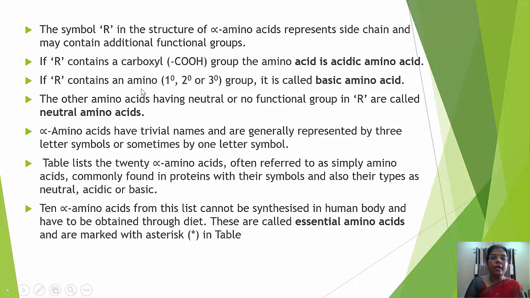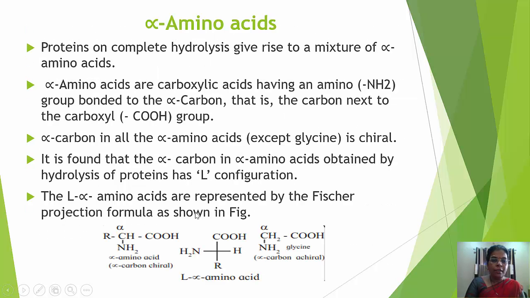If R contains an amino group, either primary, secondary or tertiary, then it is called a basic amino acid. That is, if R contains a carboxylic group, then it is an acidic amino acid. If R contains an NH2 group, then it is a basic amino acid.